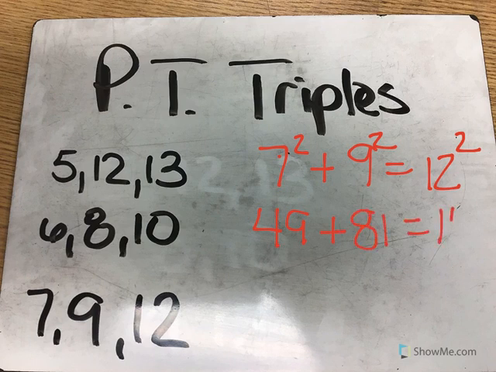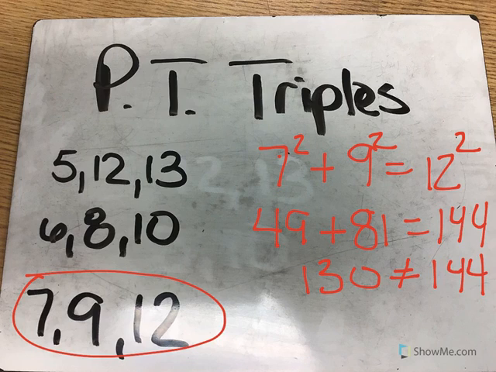So 49 plus 81 is 130. And 130 does not equal 144. So it would be a triangle, but it wouldn't be a right triangle. This one is not a right triangle. The other two are. Again, two smaller ones, square them, add them together. We got 130. Our large one, 12 squared, is 144, and 130 does not equal 144.